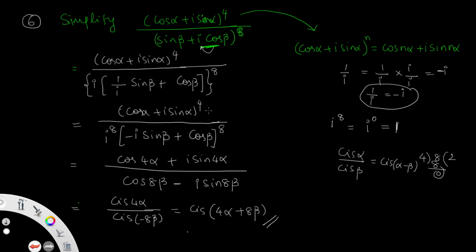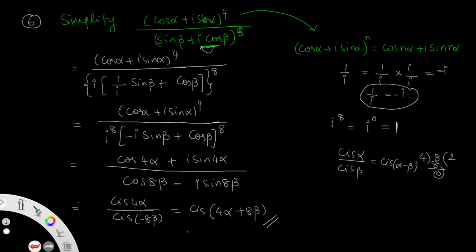The power goes inside, joining with the argument: cos 4 alpha + i sin 4 alpha divided by i to the power of 8. Since the power of i is greater than 4, divide the power by 4 and the remainder is the power of i, that is i to the power of 0, which becomes 1. The denominator is in De Moivre's form cos beta minus i sin beta, which gives cos 8 beta minus i sin 8 beta.